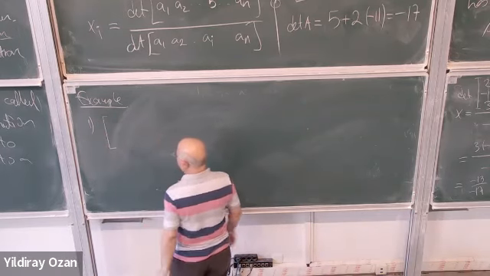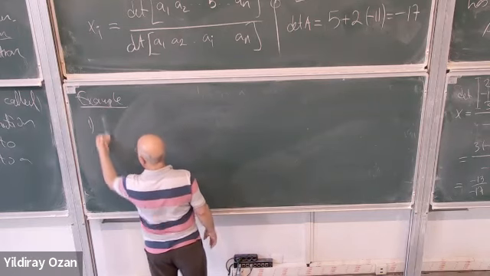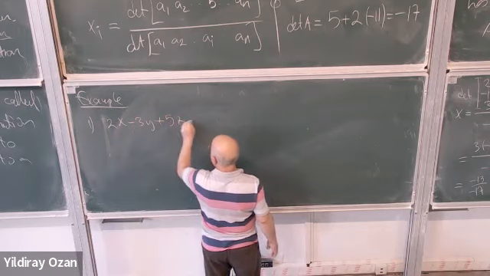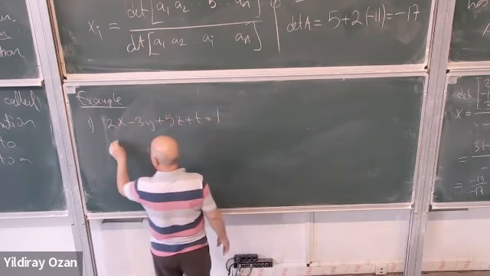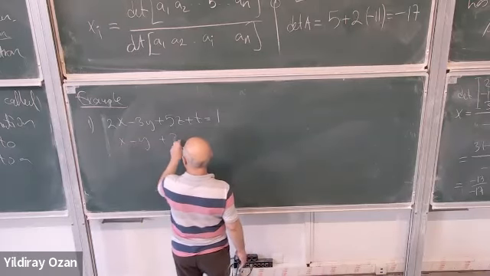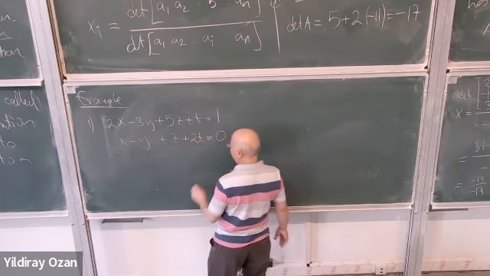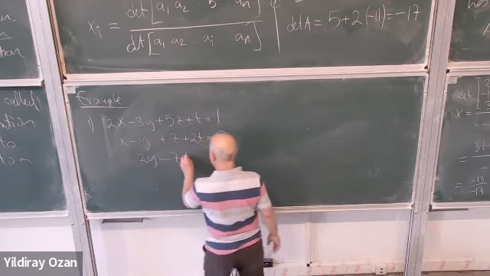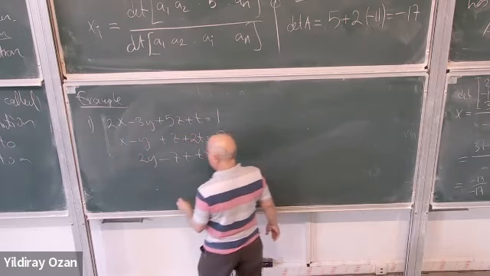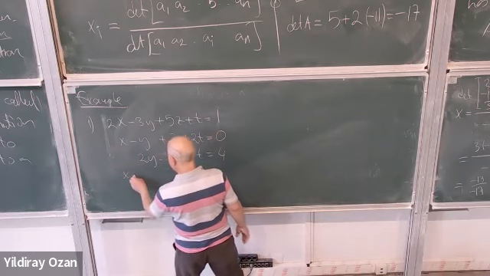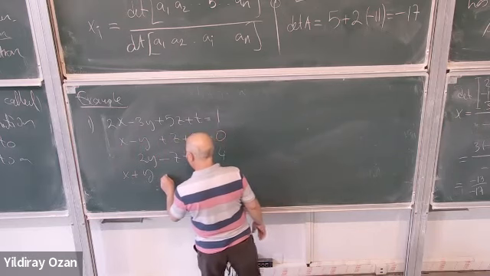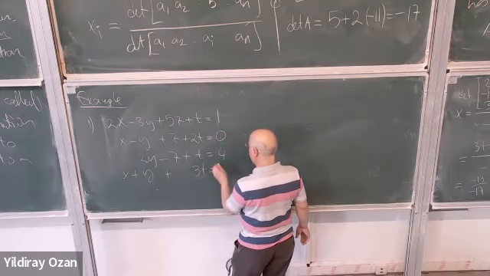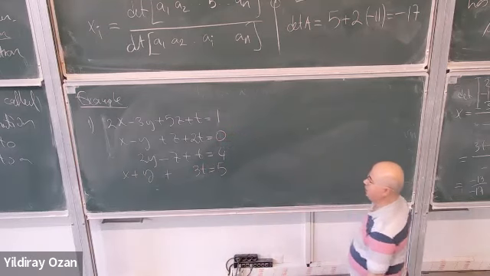Suppose we have a system like this: 2x minus 3y plus 5z plus t equals 1, x minus y plus z plus 2t equals 0, and then 2y minus z plus 3t equals 4, and x plus y plus 3t equals 5.